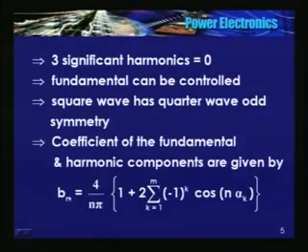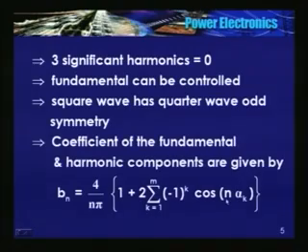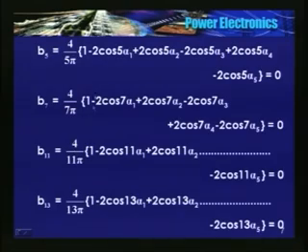Now which is the harmonic to be eliminated? The 5th one. So B5 is equal to 4 by 5 pi, and wherever alpha comes you put 5 alpha. So in this equation you substitute 5 alpha 1 for alpha 1, and the same equation, with B5 as 4 by 5 pi.